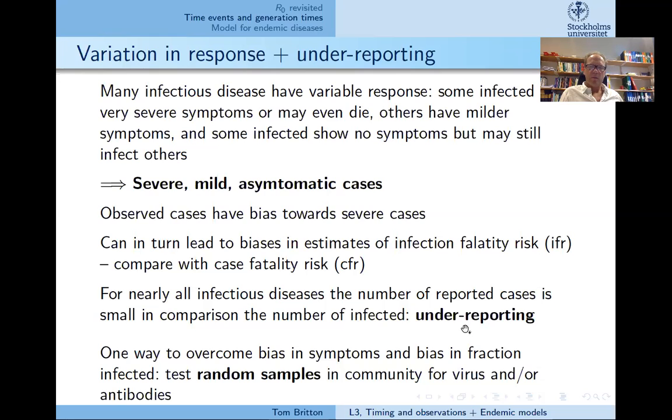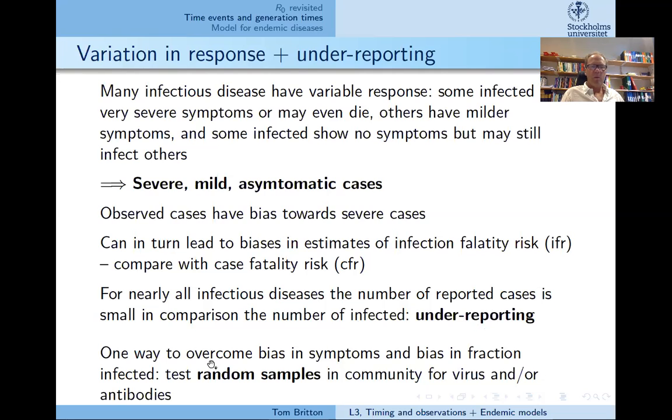So there is a substantial amount of under-reporting, and this is a very important thing to have in mind, and it's a hard thing to estimate.